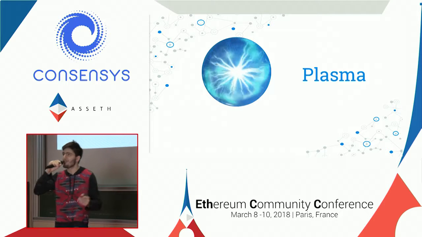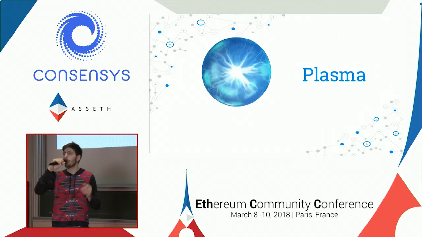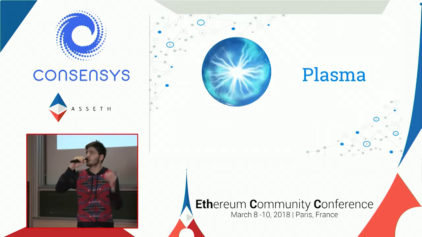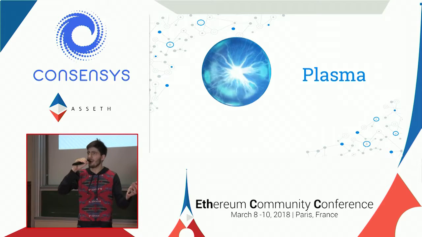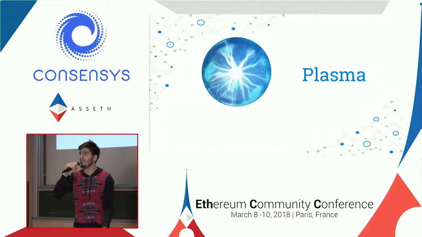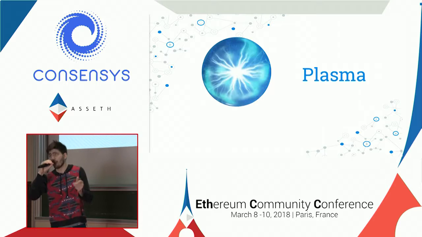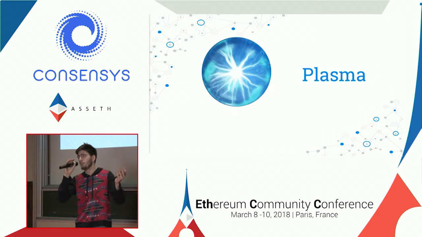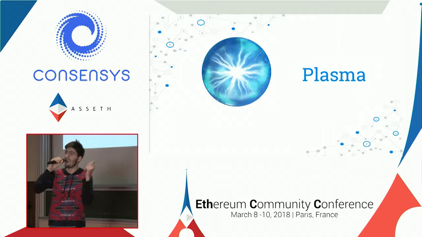What makes Plasma so special is that you're able to make another blockchain which derives its security from a root chain. So in the case of what we're building at Omise Go, the child chain will derive its security from Ethereum, which is super awesome because blockchains currently derive their security from economic incentives.